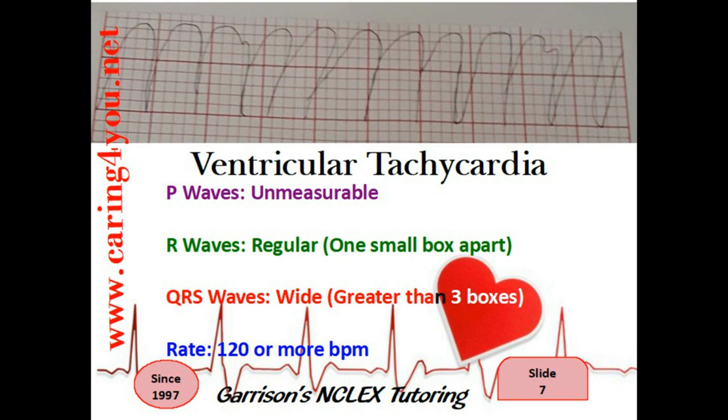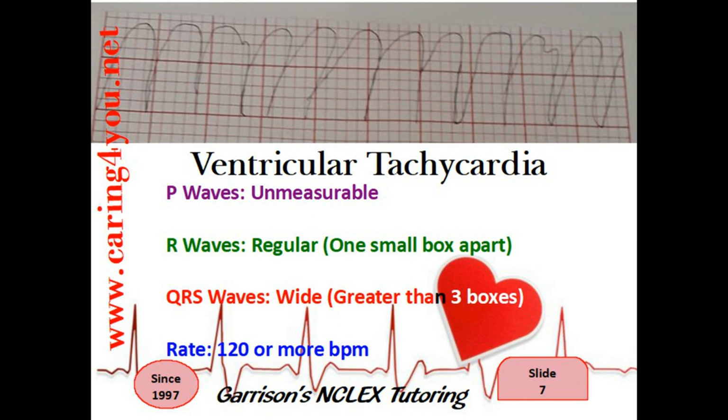The QRS waves are wide, greater than 3 boxes, and that's true. Count the Q to the next S, all right? It's about 1, 2, 3, 4, 5 small boxes. Some are 4 small boxes. It doesn't matter. The QRS wave is wider than 3 small boxes, right?